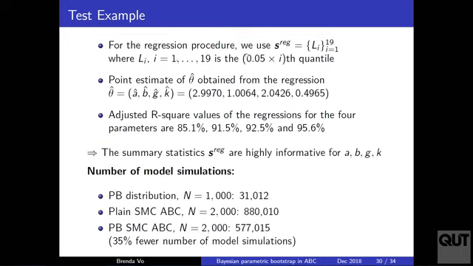For the regression procedure, we use the 5% percentiles of the data, so we have 19 summary statistics.